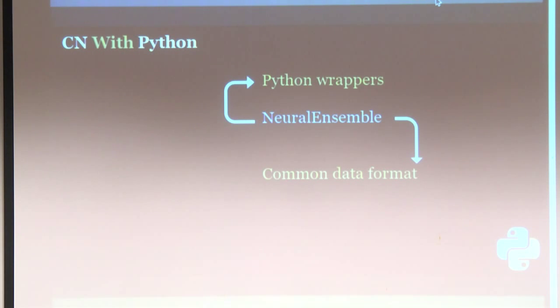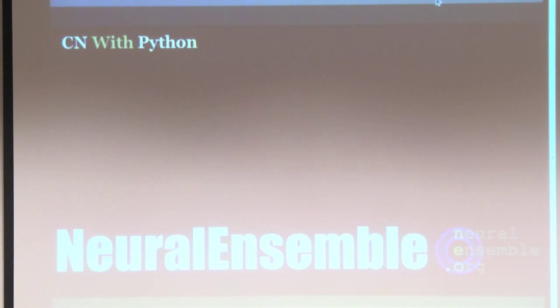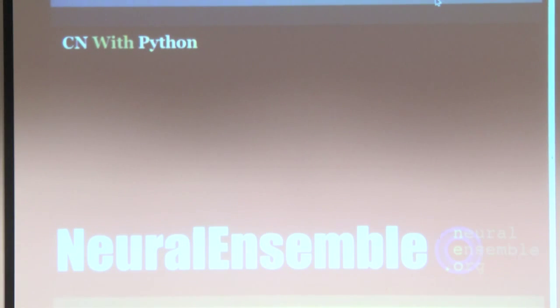So Neural Ensemble is more than just tools for computational neuroscience. It's also tools for neuroscientists themselves when they have to store and process their data, which is in some weird format. They have tools for that there.